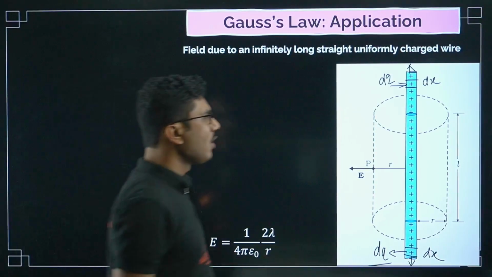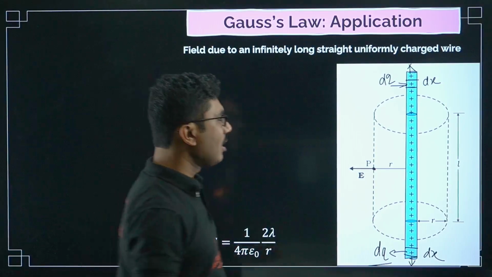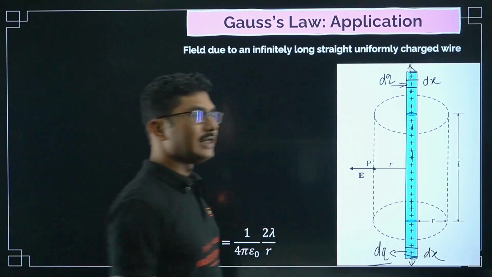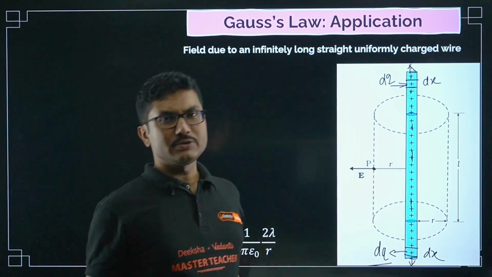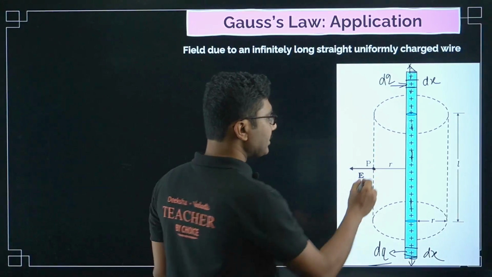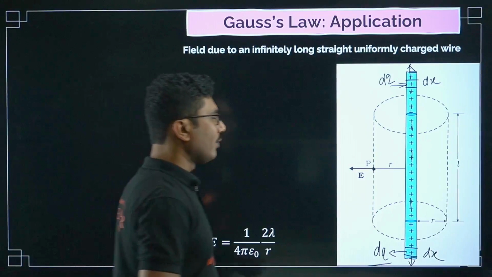Now if you want to find the electric field at a distance r from the axis of this wire, how to do that? Suppose this is the point P where we want to find the electric field. Now what we have to do?